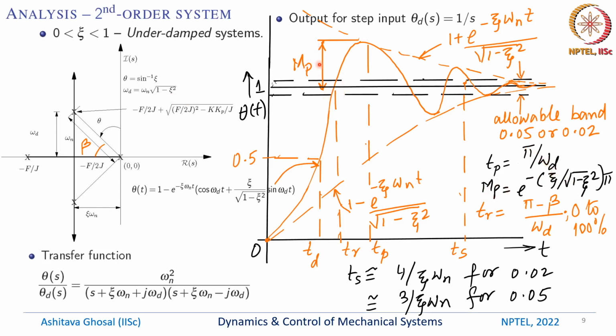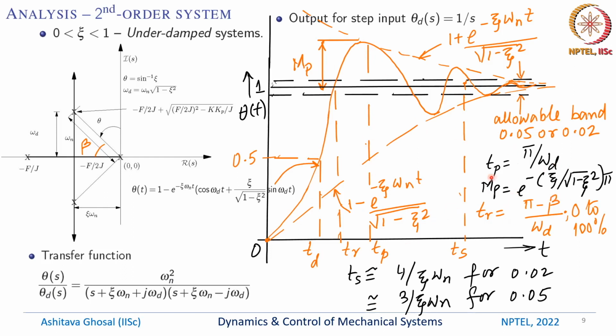The value of Mp can also be obtained by setting the derivative of theta of t to 0. Remember, at the peak overshoot, this derivative is 0. So we can find the time when the derivative goes to 0, and also the value of theta of t at that point.